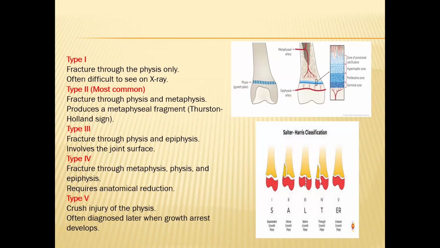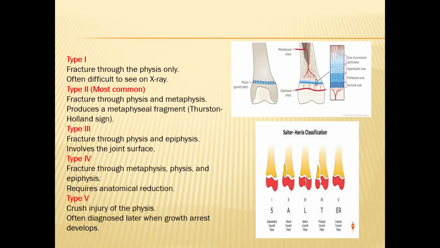So any fracture in this area can disturb the growth of the femur, and this can lead to growth discrepancies, and there will be a difference in the length of the limb. So we can define these according to the Salter-Harris classification in 5 types.